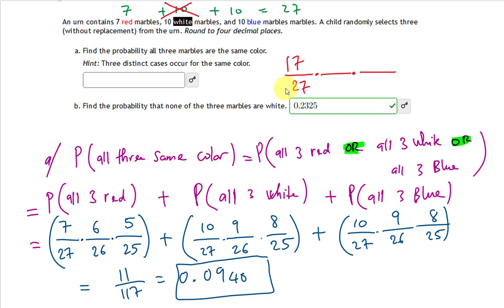Now because we took it out, we have 26 left, and then we have 16, and then because we took 1 out, 25, and then we have 15. So 17, 16, 15 are the numbers from the red and the blue, and they are not from the white. So multiply these 3 fractions, you should get this number here.